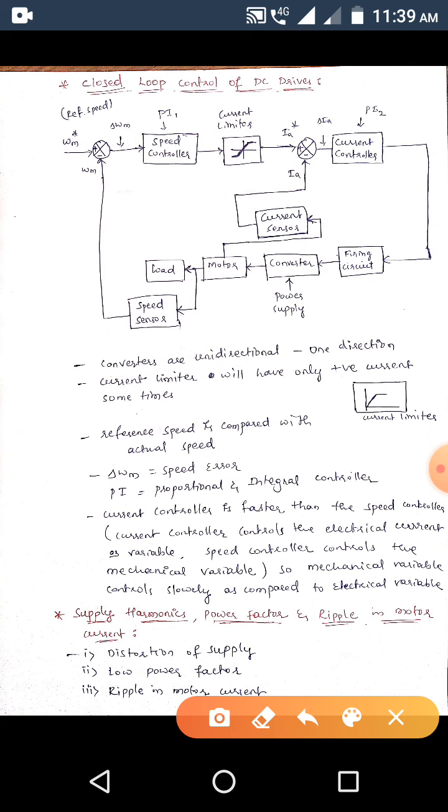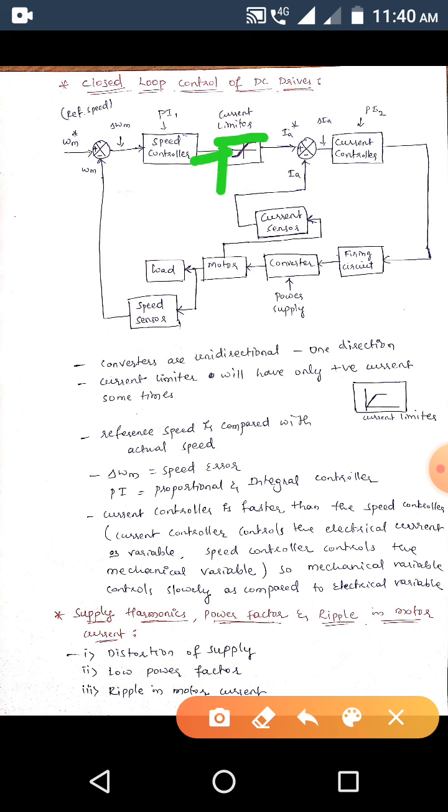Let us assume there will be one integrator connected with omega star here. Omega star is nothing but the reference speed. Then we have the actual speed omega m, that is connected with the speed controller, and the speed controller is connected with the current limiter.